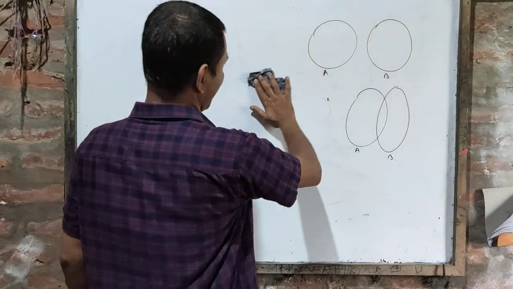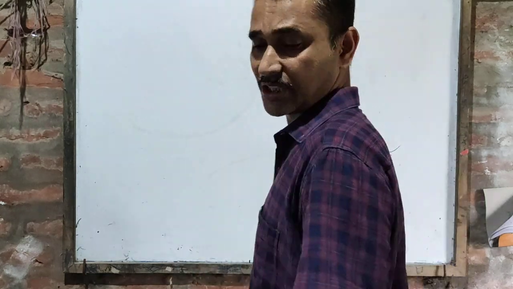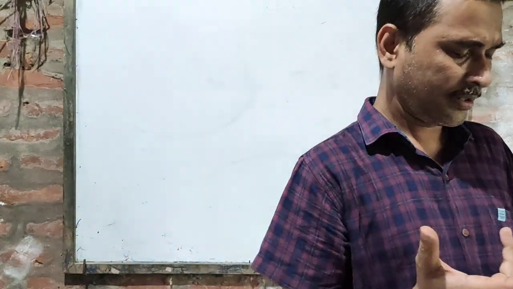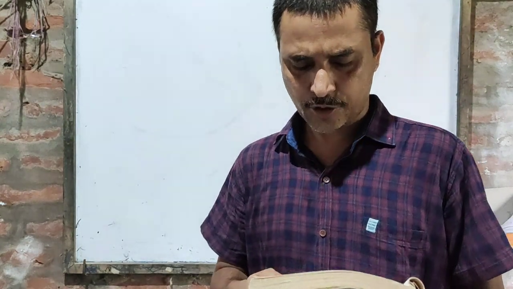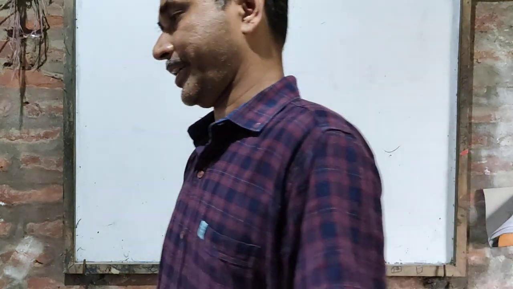It is told here that in Guwahati city, 70% of the people can speak Assamese and 55% can speak English. We are asked to find the percentage of people who can speak both the languages, Assamese and English. Okay.